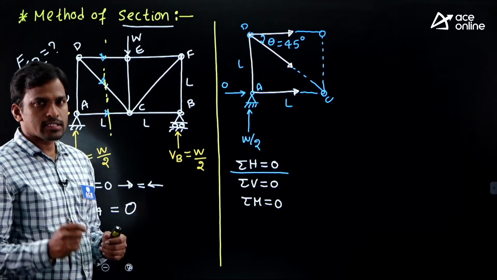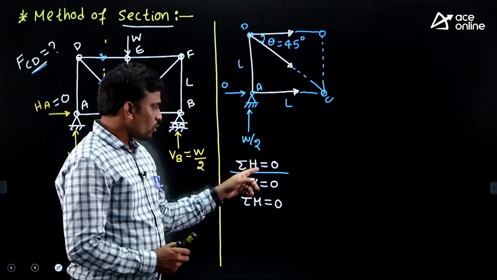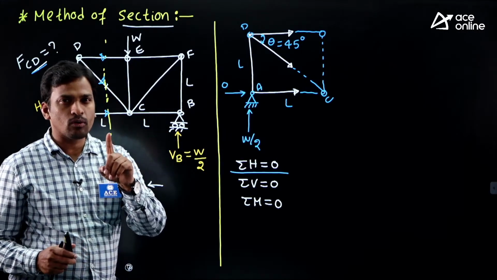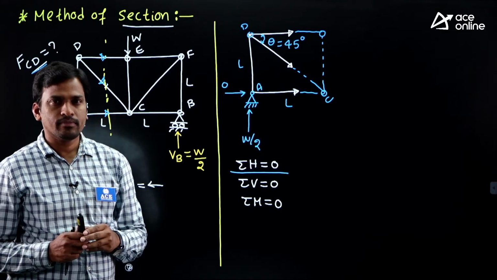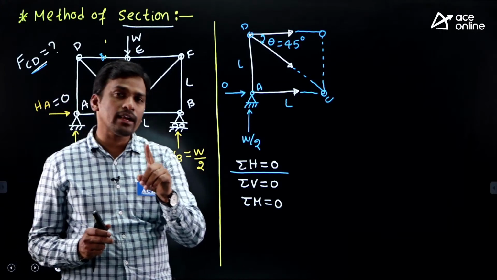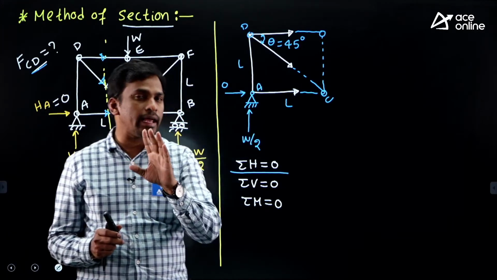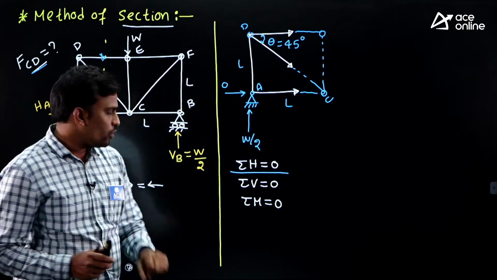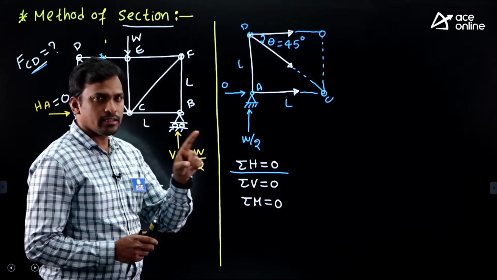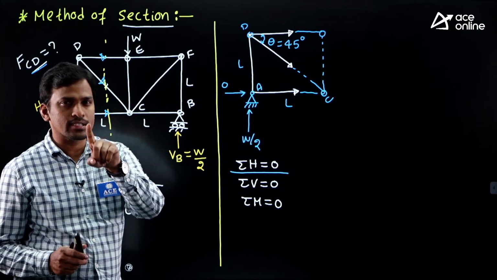Check it. Students, using one equilibrium equation, we can find only one unknown at a time. Here, using one horizontal equilibrium equation, we can find only one horizontal unknown.